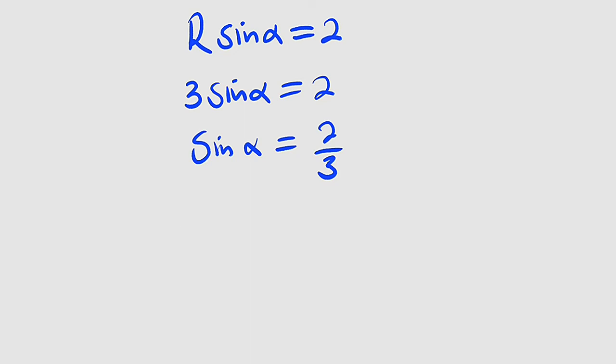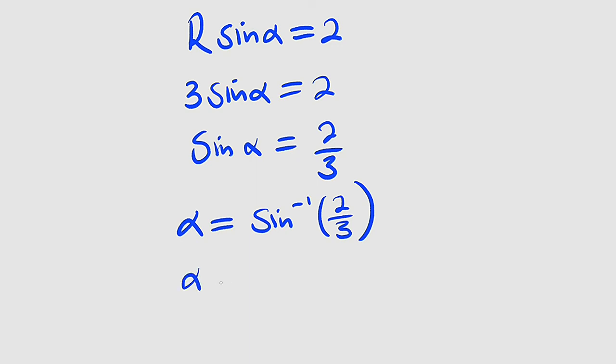So we can take sine inverse of both sides. Alpha is equal to sine inverse of 2 divided by 3, which is approximately 42 degrees. So alpha is approximately 42 degrees.